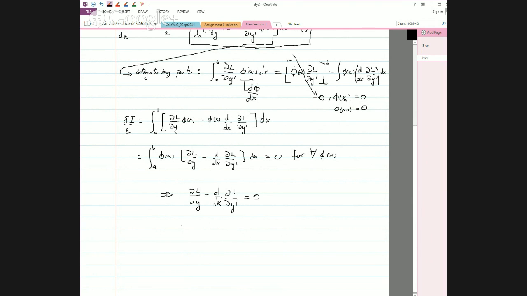I like to write this as d/dx of ∂L/∂y prime minus ∂L/∂y, sorry, equals 0. So this is a condition on the function y of x. And this is a very important equation, which you'll eventually know by heart. It's called the Euler-Lagrange equation.